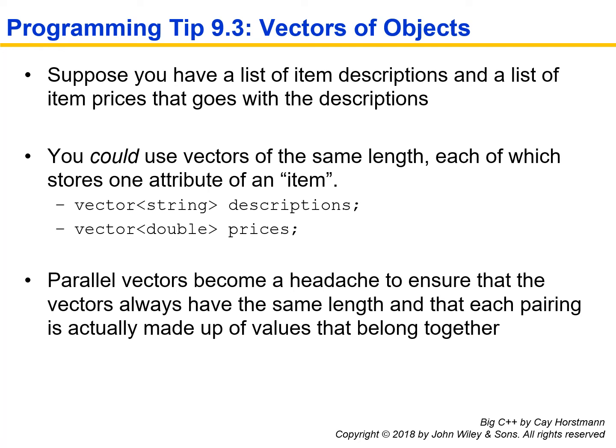Okay. Another way you can use objects, and this often becomes part of another bigger object, is let's say you have item descriptions and item prices, and we were trying to make a cash register that kept track of the descriptions and prices of everything we bought so that it could print out a receipt.